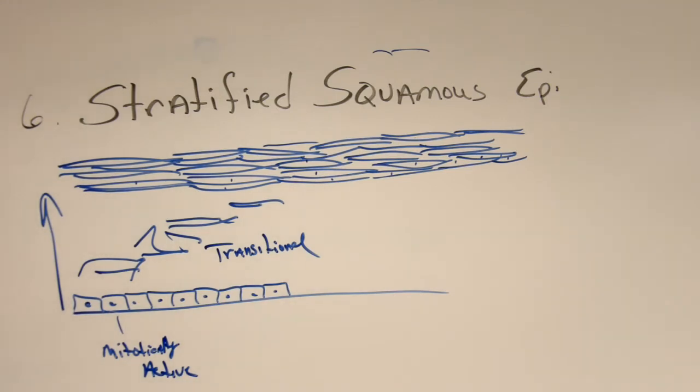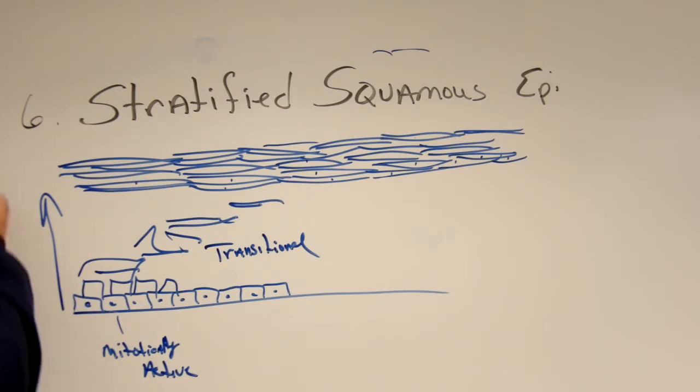They are dividing cells. As they divide, they push cells up from the basal layer to the apical layer. That is the surface. Okay?